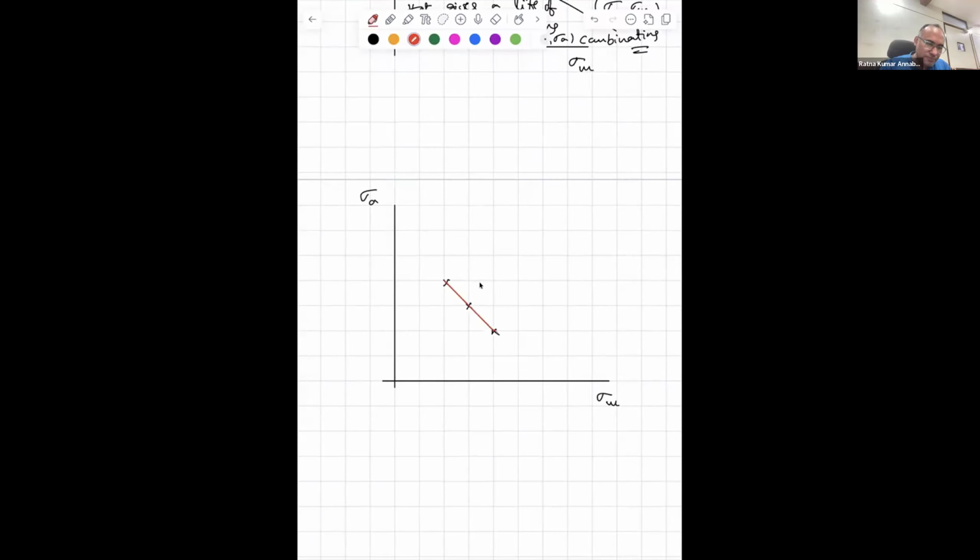Then this line extends and hits the x-axis at that point, and hits the y-axis at that point.